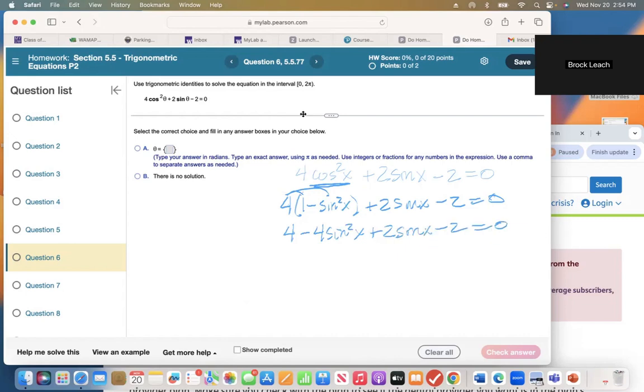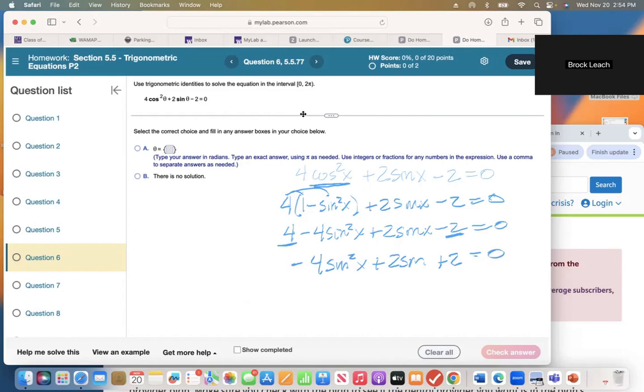Let's combine the terms. We have a positive 4 and a negative 2, so that becomes plus 2. The other two don't combine because one's sine squared, the other is sine. So I have negative 4 sine squared x plus 2 sine x plus 2 equals 0.